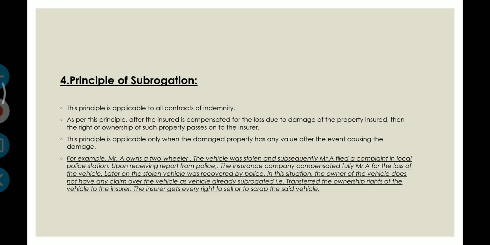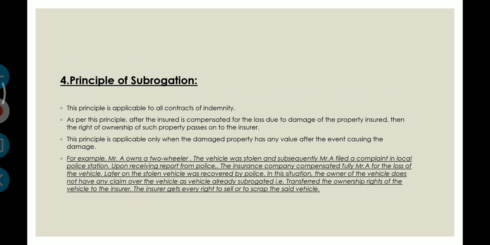I cannot take compensation at the time of loss and also sell the scrap of the car and recover money from it. Once the subject matter is compensated, the ownership of the subject matter is transferred to the insurance company. It is up to them in what way they want to use it.